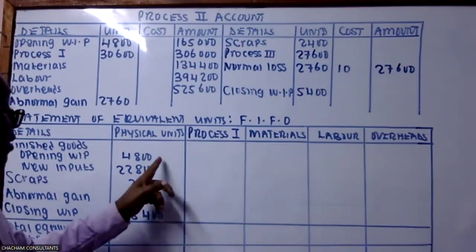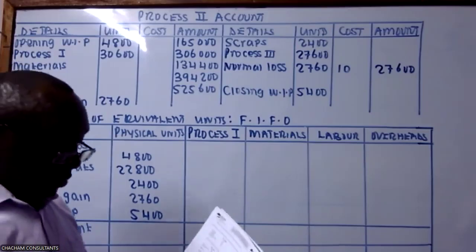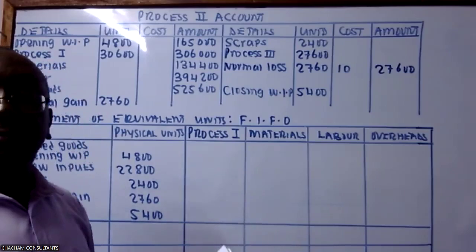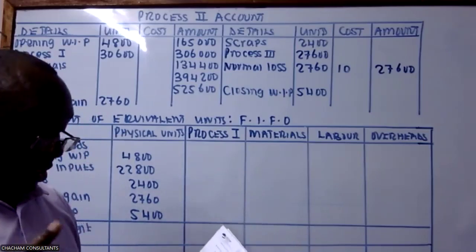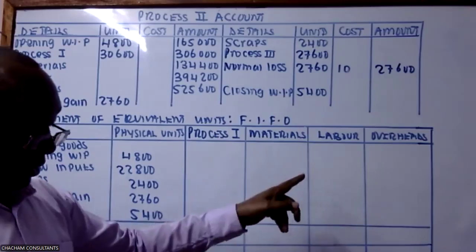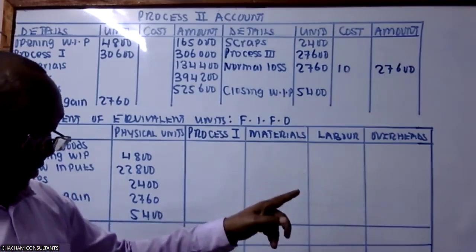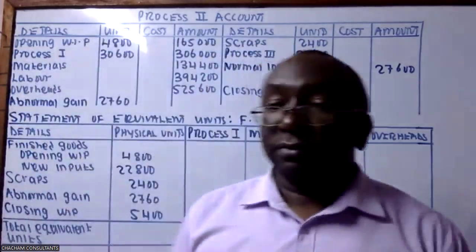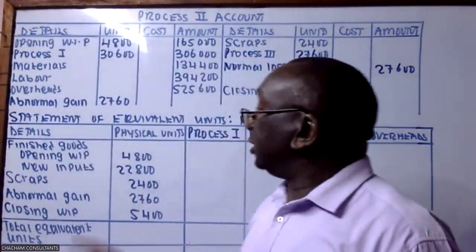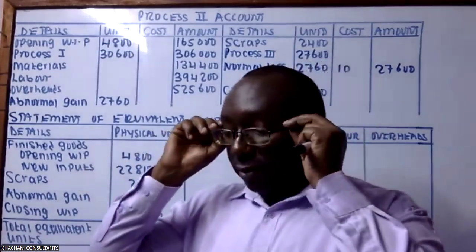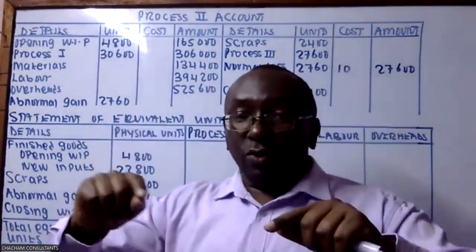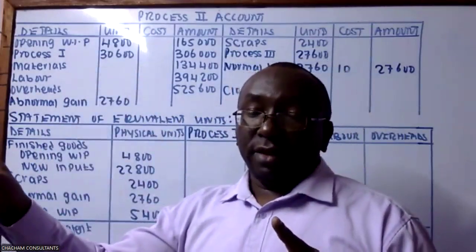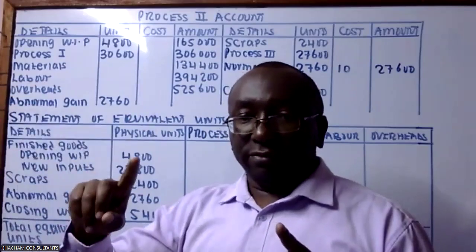For this opening work in progress, looking up above, we are told that as far as materials are concerned, they were 70% complete, labor 60% and overheads 60%. Now, this opening work in progress is the units which were already in process 2 yesterday, but we never completed them.